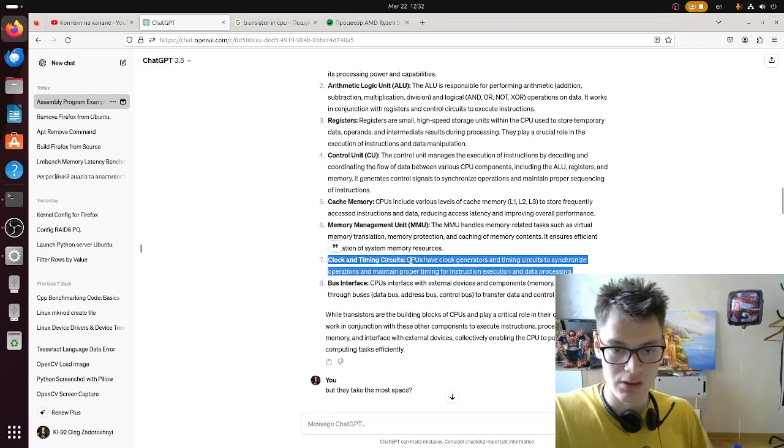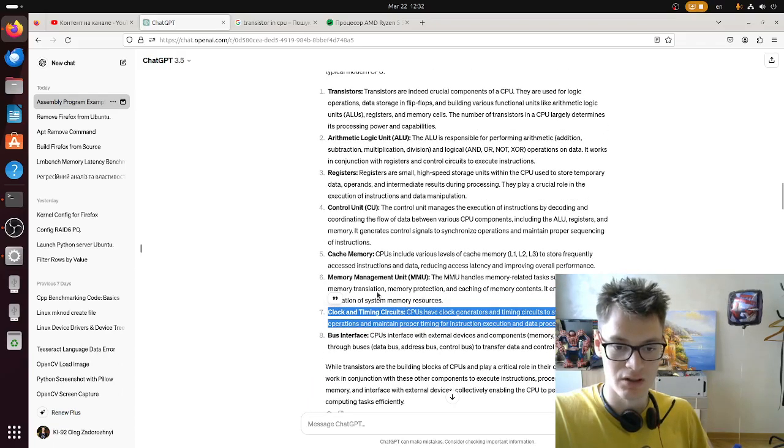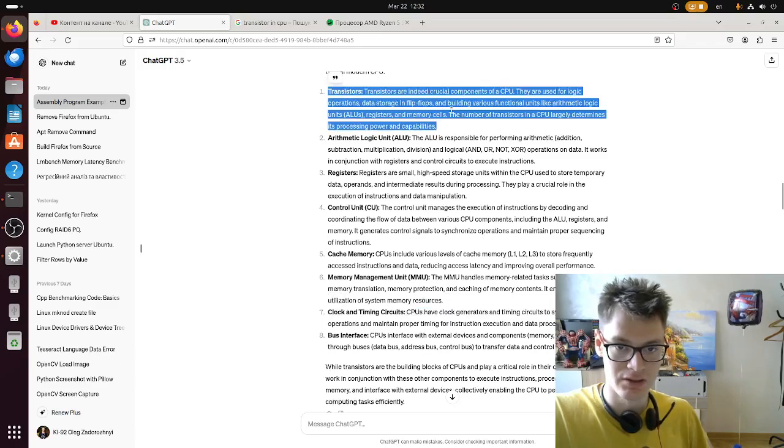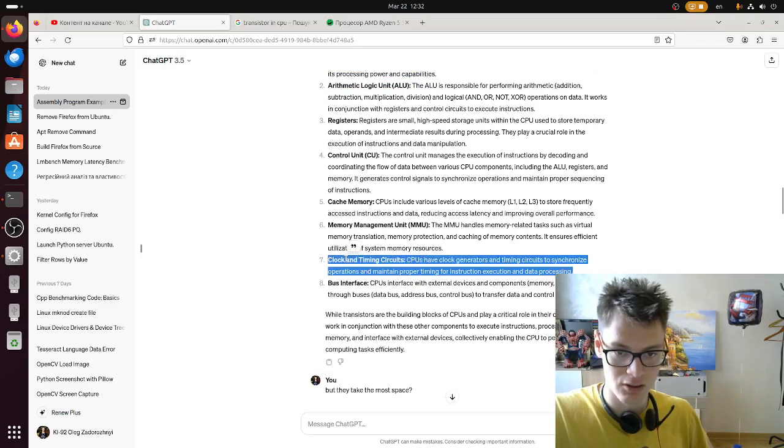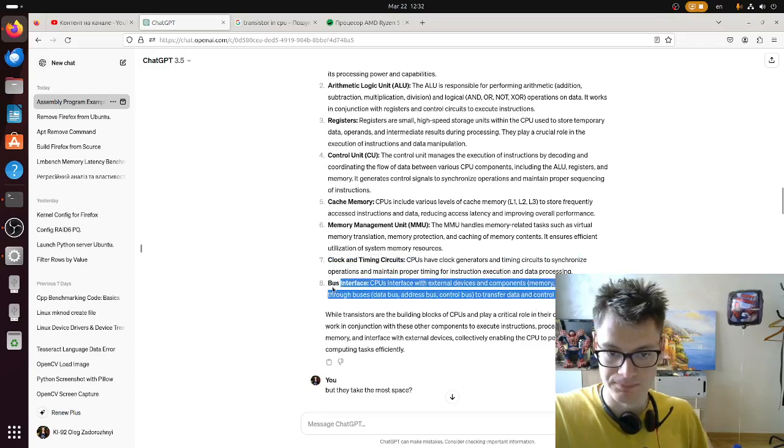Well, this one is interesting. This is really some physical stuff. So first physical stuff is the transistor, and second is clock and timing circuits. Bus interface. CPUs interface with external devices and components, memory through buses: data bus, address bus, control bus, to transfer data. So this is another functionality.